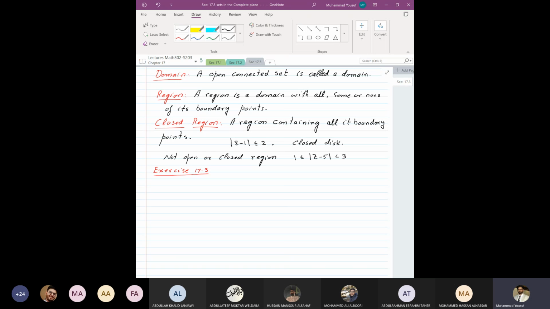The first few problems are where we need to sketch the set of points in the complex plane that satisfy these equations, then we have inequalities, then we describe the set of points in the complex plane. Say, the first 8 questions.